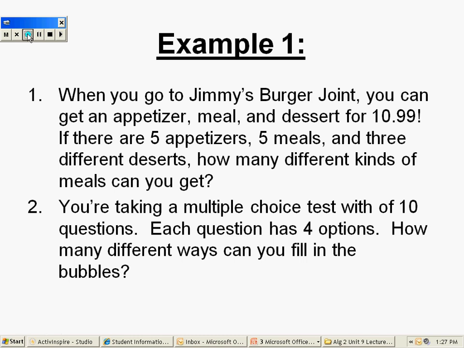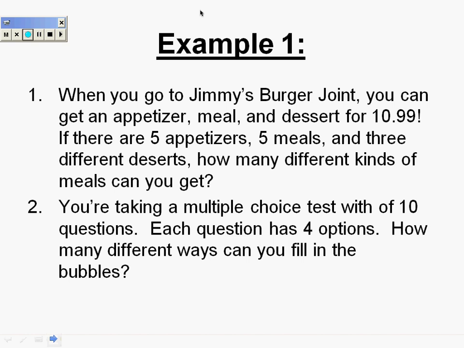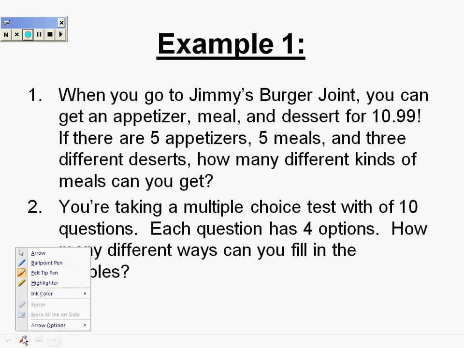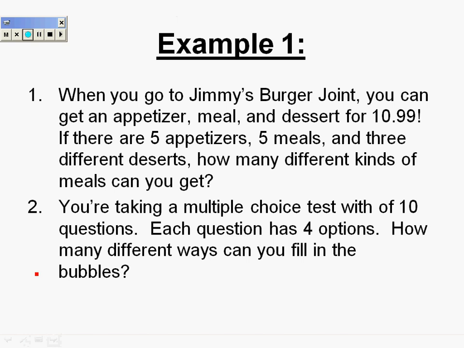First of all, we have to ask ourselves, how many different choices do I have to make to solve this problem? I have to make 3 choices, right? I need to make a choice of what I'm going to have for an appetizer. I need to make a choice for what I'm going to have for the main course, the meal. And then I need to make another choice for what I'm going to have for the dessert, right? Okay, now that's the number of choices I have to make.